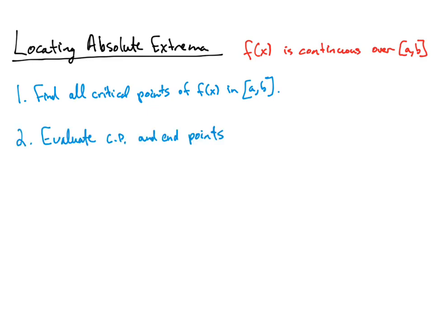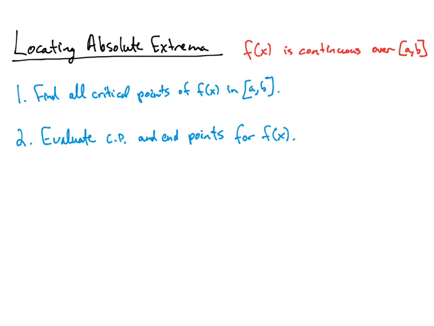Next, we want to evaluate the critical points and the endpoints for f of x. Okay, so once we find the critical points over the interval, again, the critical points are just where the value of the derivative is equal to 0.